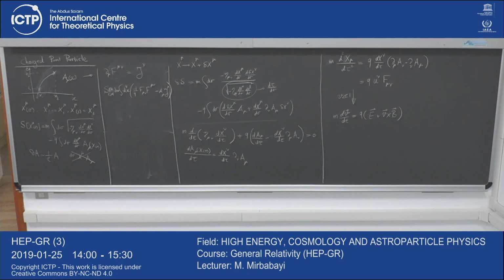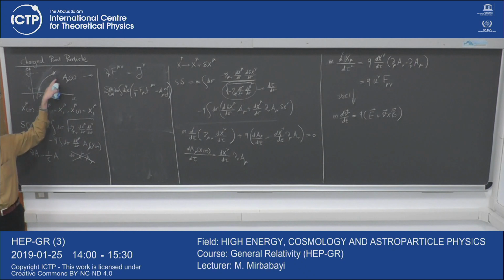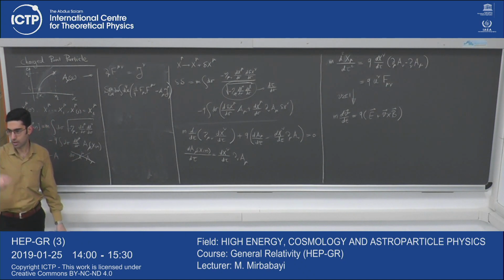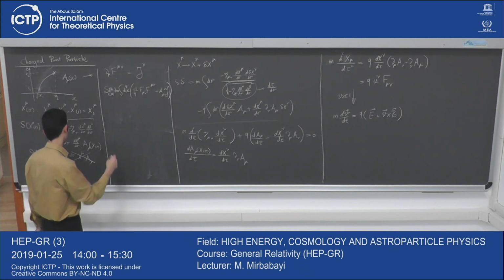So in order to promote it into something that lives in the space-time, we should introduce some delta function. I write an integral over the whole space, and the source will be localized on the trajectory of the particle, so there will be a three-dimensional delta function that localizes the integral over the trajectory.